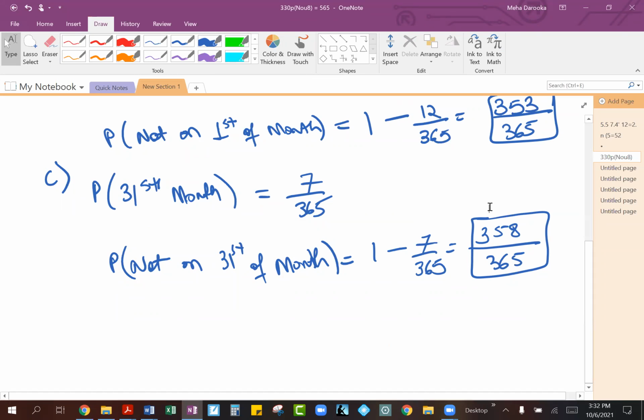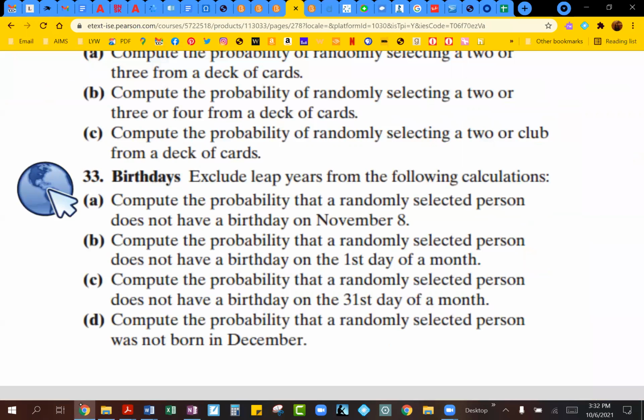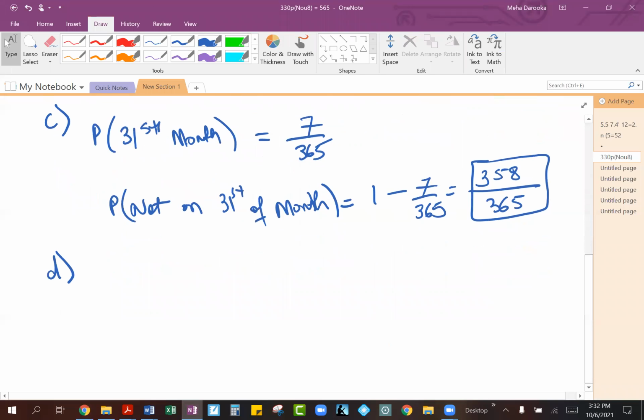Okay, and I think the last one said does not have a birthday, I believe, in December. What is the probability that the person was not born in December?